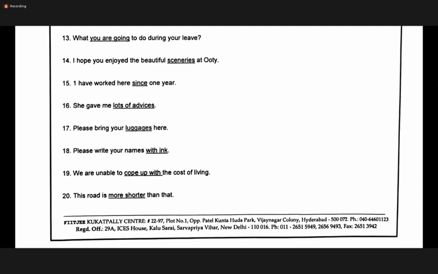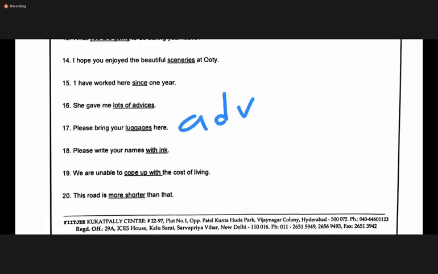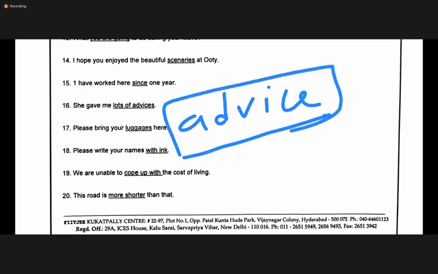16. She gave me lots of advices. Lots of advice. Actually, there is no word like advices in English. Remember, advice is an uncountable noun. It doesn't have a plural form. But in Indian languages, we have singular and plural: salaha, salahalu. In English, advice is an uncountable noun.